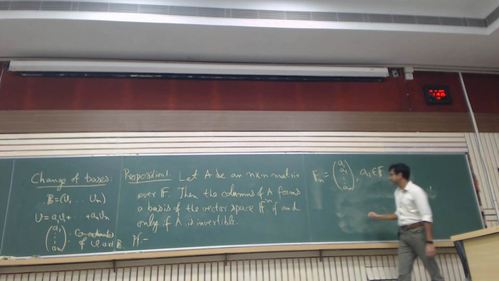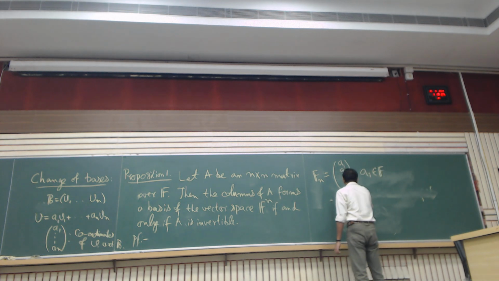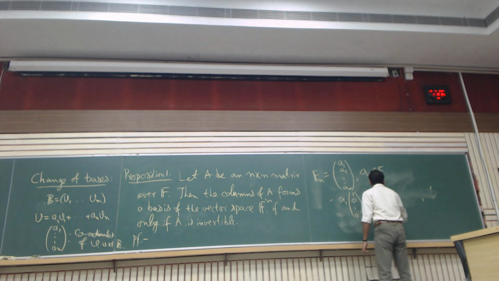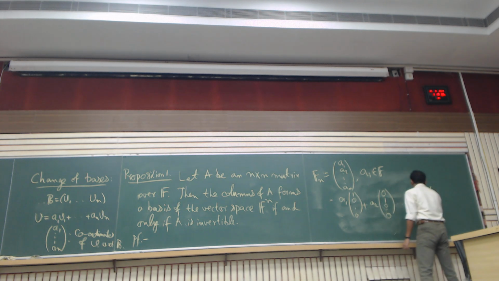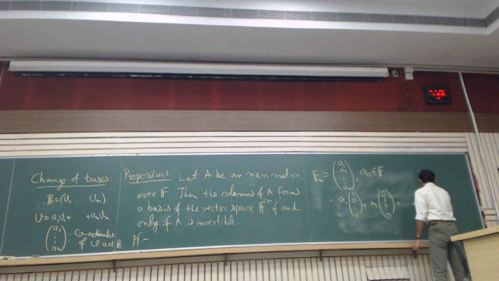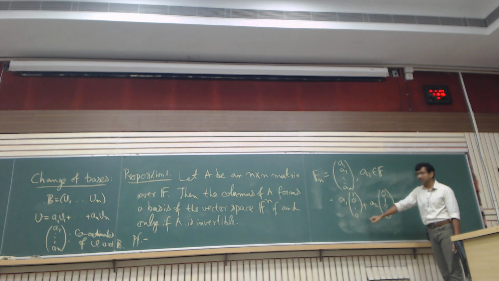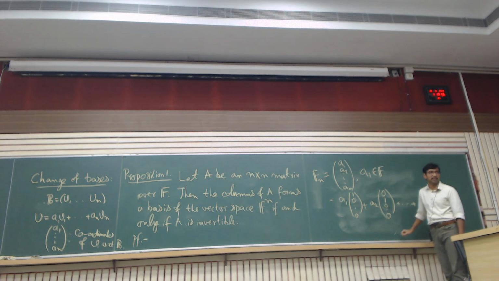So you can write it as A1 times (1, 0, dot, dot, dot, 0) plus A2 times (0, 1, dot, dot, dot, 0) and so on, plus An times (0, 0, 0, all zeros and 1 here). So at least the columns of the identity matrix span this.